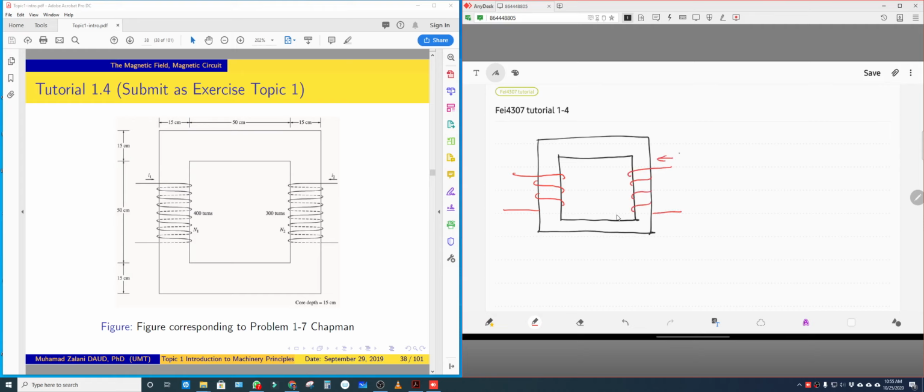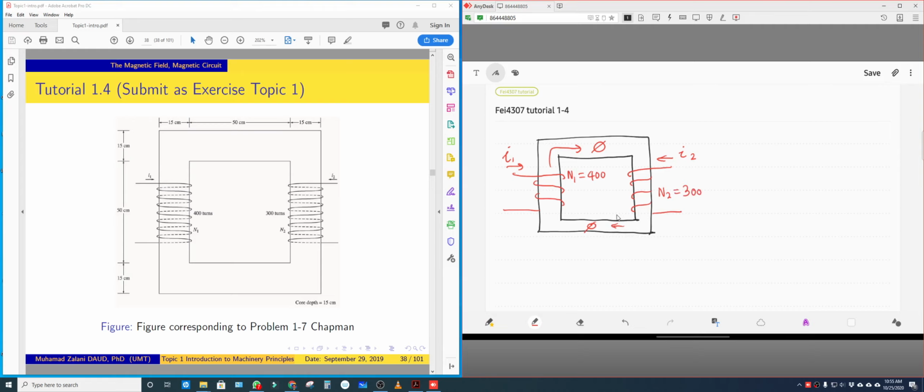So this is current I2, this is current I1, and the flux will be flowing in that direction, right? And given also the number of turns of winding N1, which is 400, and the number of turns of winding N2, which is 300, and the dimensions are given as in the question.